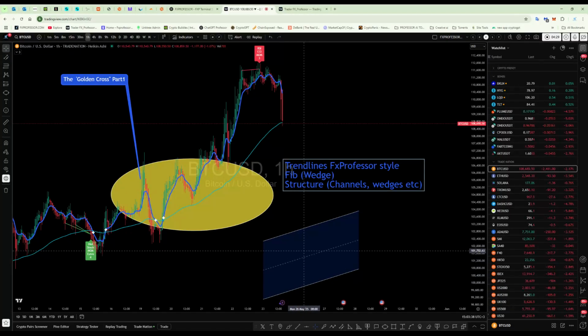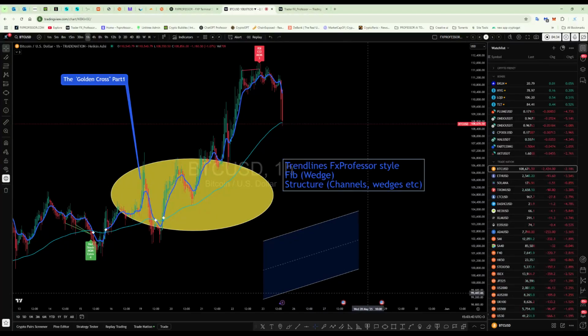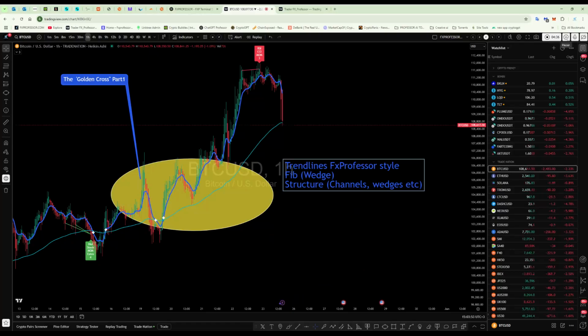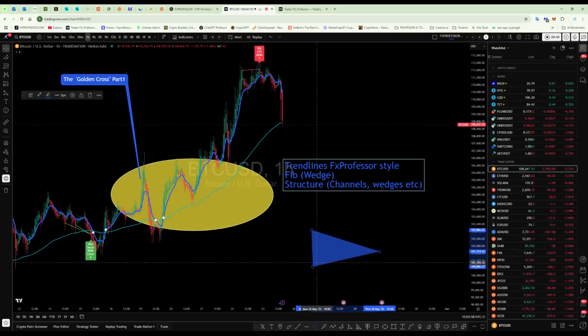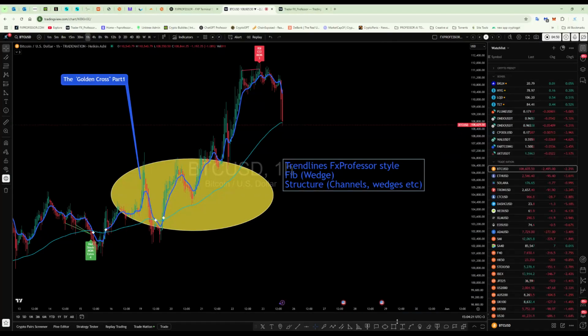You go long if you see a breakout, and then you go short there until there's a breakout in either direction. That's structure. And then there are wedges. If the price is moving in a wedge, contracting, it means it's looking for a way out. So expect this or that, or expect this.